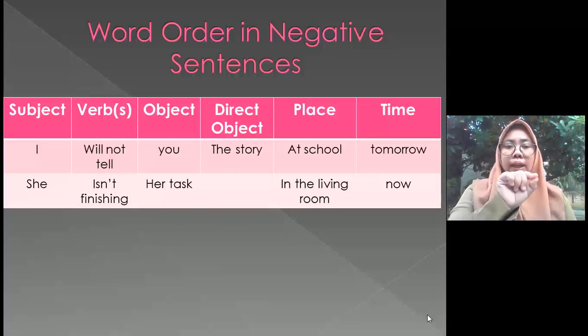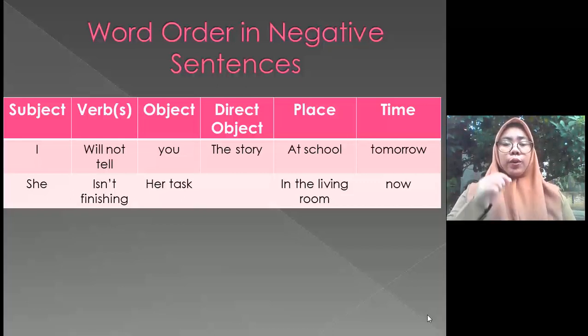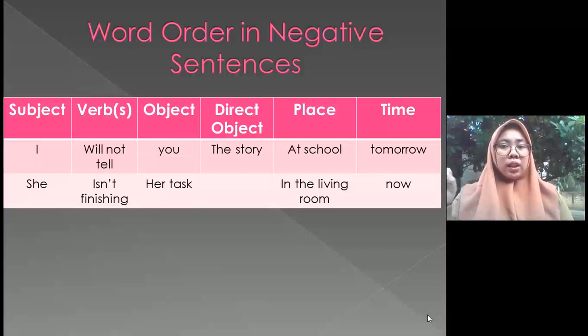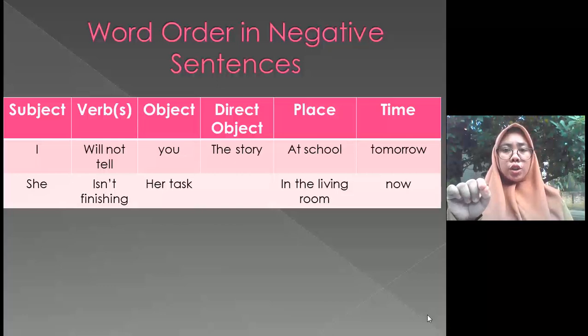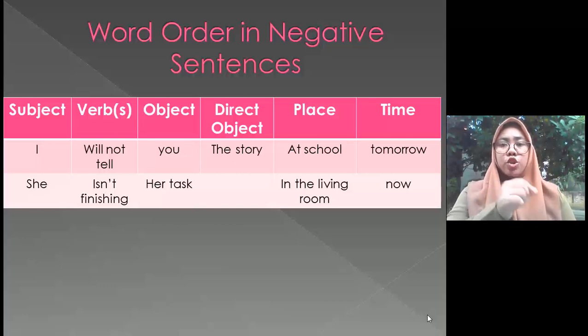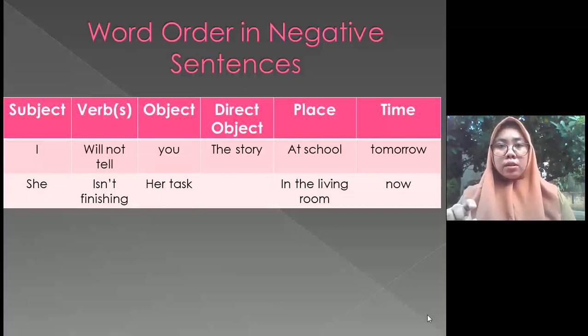I here is the subject, and then will not tell is the verb. Before the verb you must put not because it's a negative one, and before the word not you can put to be or auxiliary. It depends on the context of the sentence.